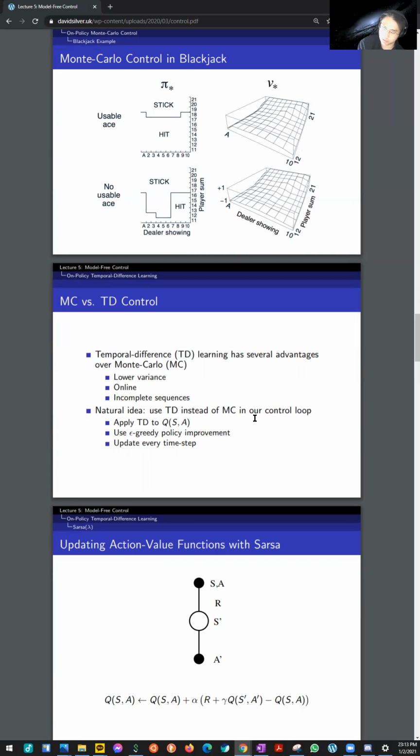So the Monte Carlo method is basically interacting with the environment until the termination point.